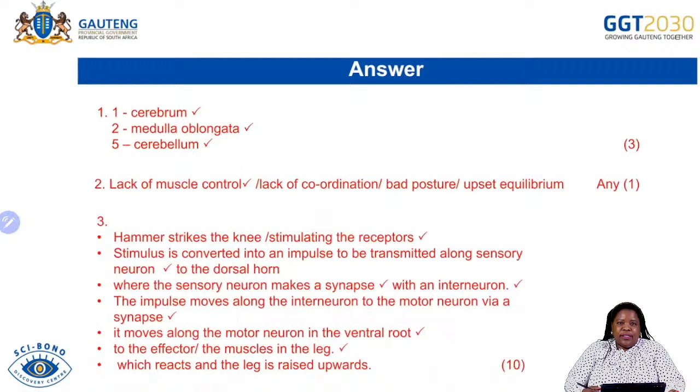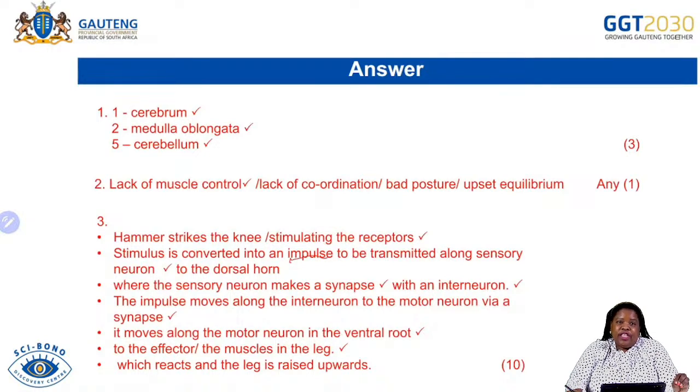Remember, when you talk about reflex action, that's when the stimulus is going to be detected, sensed. So the stimulus is converted into an impulse. Whatever the stimulus, for example, if you put your hand on fire, the stimulus there is heat. You are going to burn.